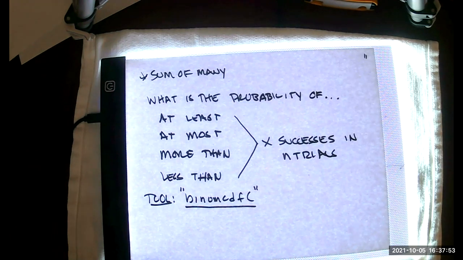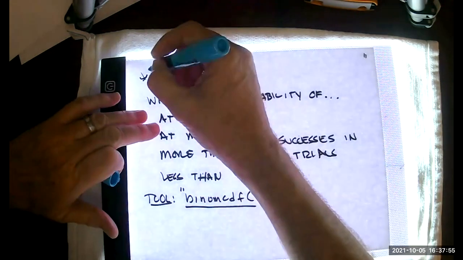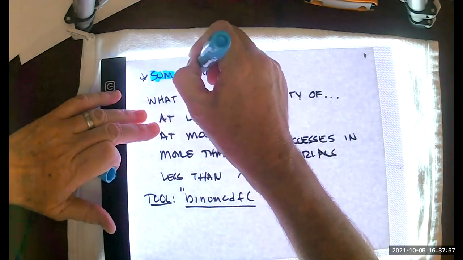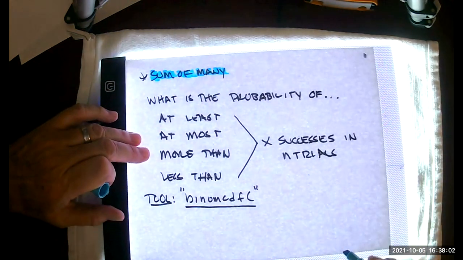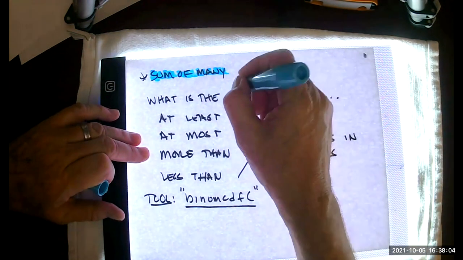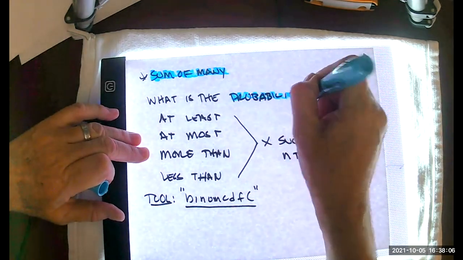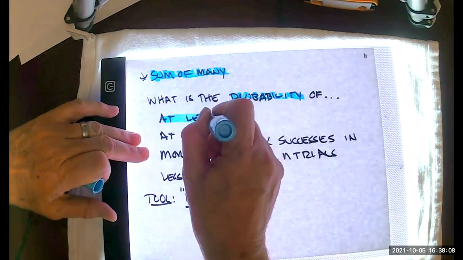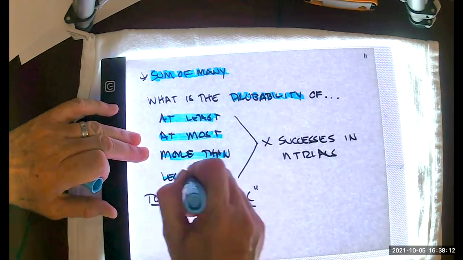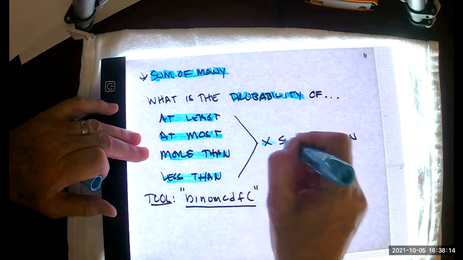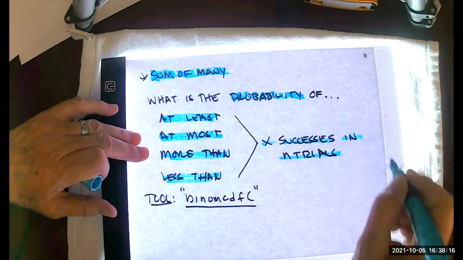So we refer to this as the sum of many. And these are the types of questions where we ask, what is the probability of at least, at most, more than, or less than those X successes in N trials?